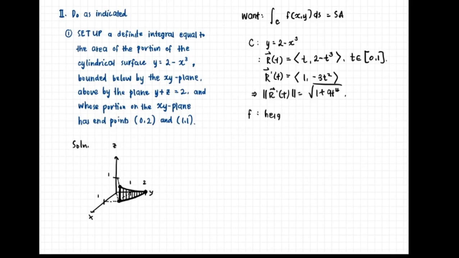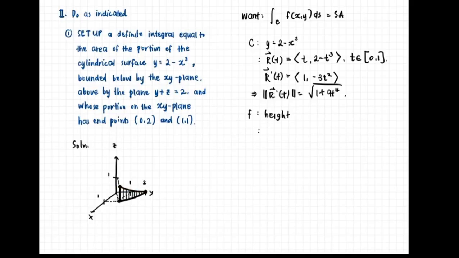While for the function f, again recall here that this is given by the height. The function f for this case, just the height function, notice that the height here is when the cylindrical surface in fact intersects the plane y plus z equals 2. So the height is given by whatever z coordinate we obtain here. But the z coordinate obtained for this part came from y plus z equals 2.